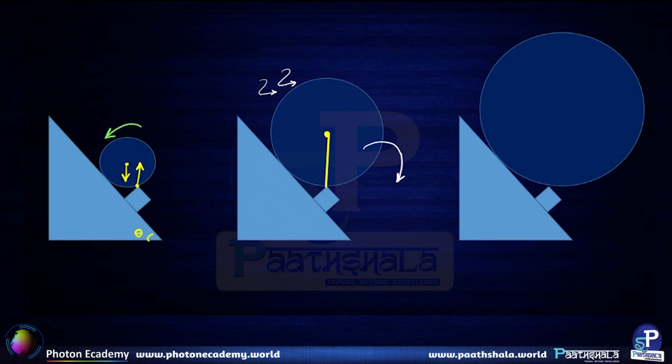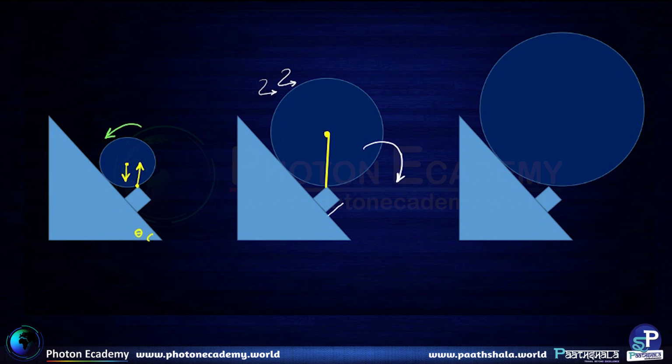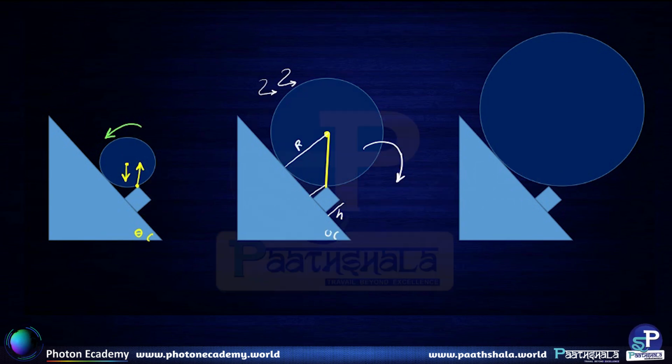In some questions we can also be asked for this height: what should be the height of the obstacle such that the object just topples over it. Then this height is the same as this height, and this also happens to be the radius. Now if this angle is theta, this angle also happens to be theta, and then this angle is also theta.